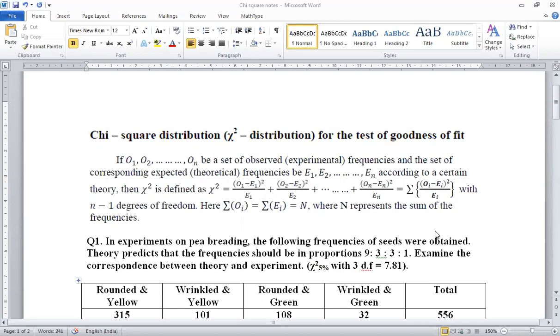Here, summation of Oi and summation of Ei both are equal to N, which represents the sum of the frequencies.